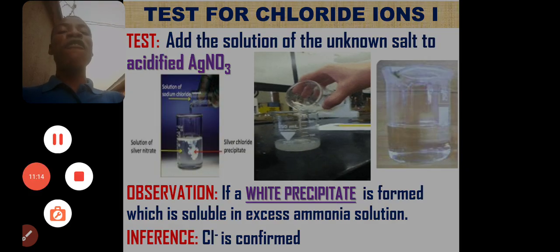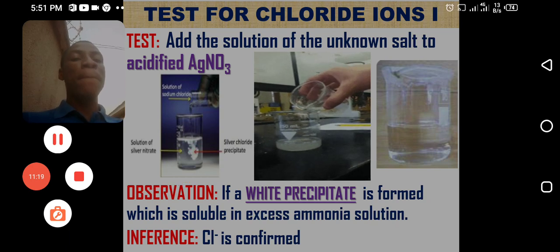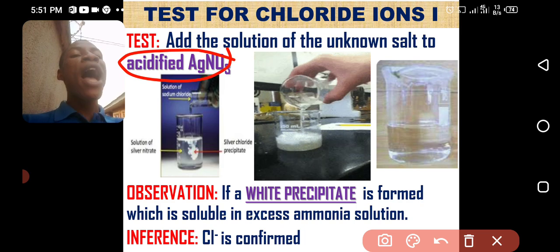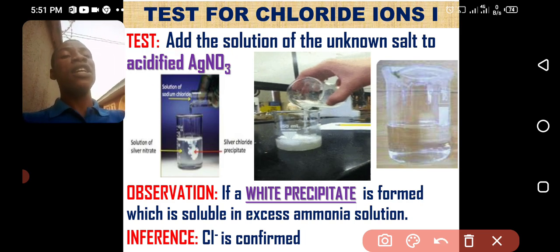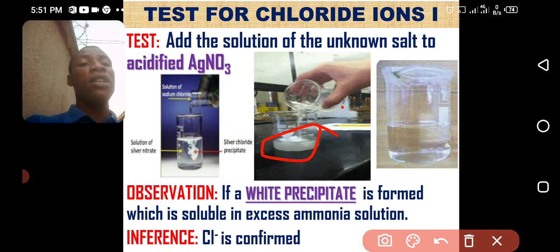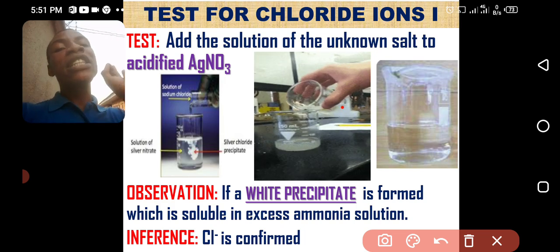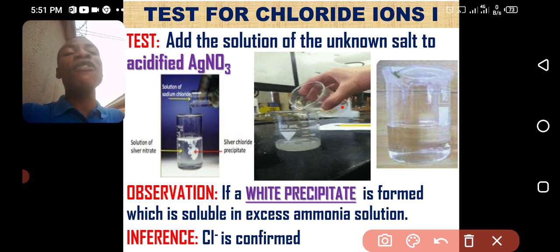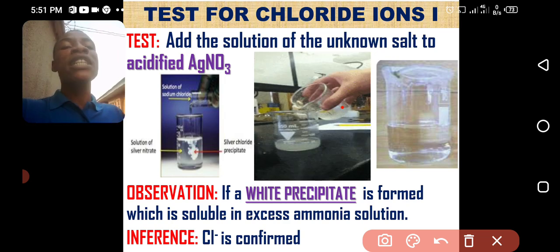So first and foremost, using acidified silver nitrate, when you add the solution of the unknown salt into acidified silver nitrate solution, you acidify the solution to prevent precipitation of unwanted ions. So you don't want ions you are not testing for to precipitate, so that's why you acidify the solution. It will remove all unwanted ions.